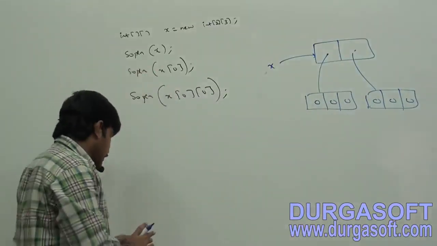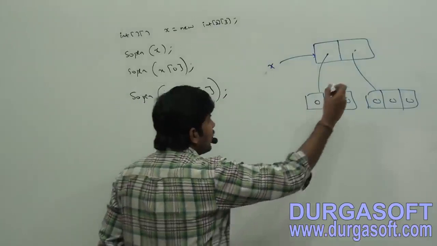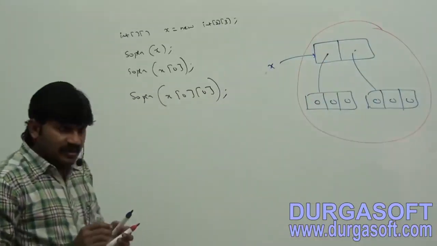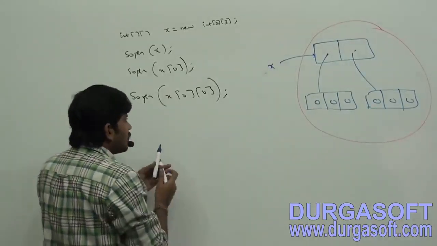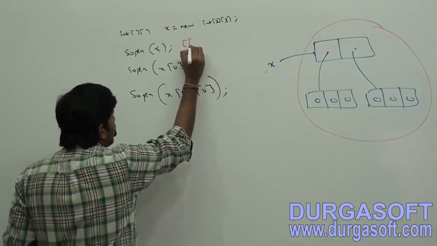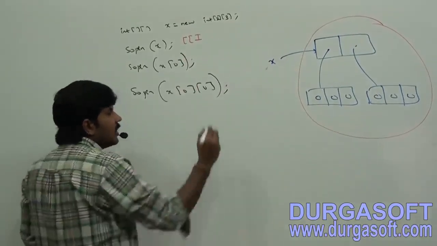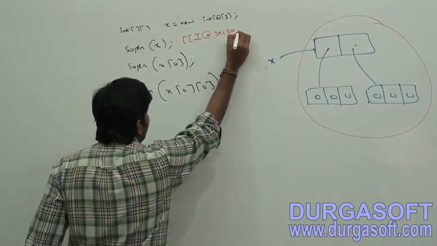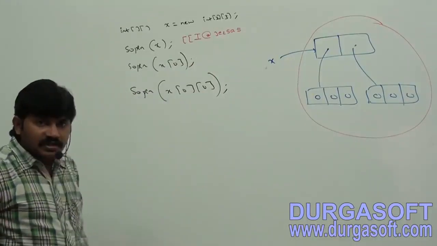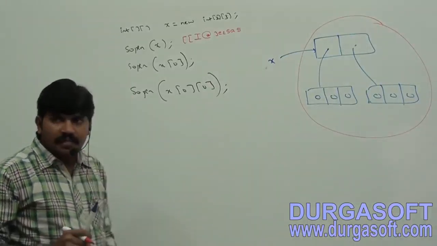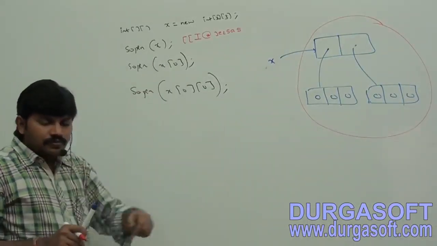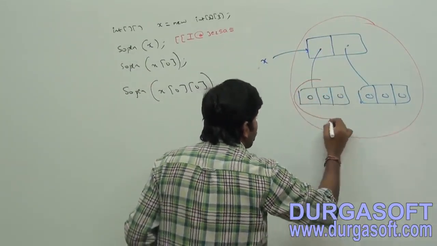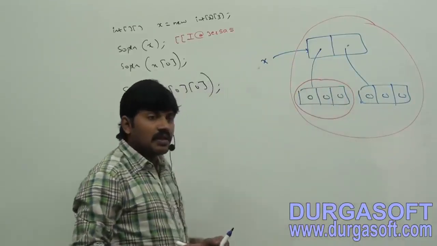SOP of x. Sir, what is x? x is a reference variable to a 2-dimensional array. That's why the class name at the rate some hash code, 3A25A5, some number. Next, x of 0 is a reference variable to a one dimensional array.